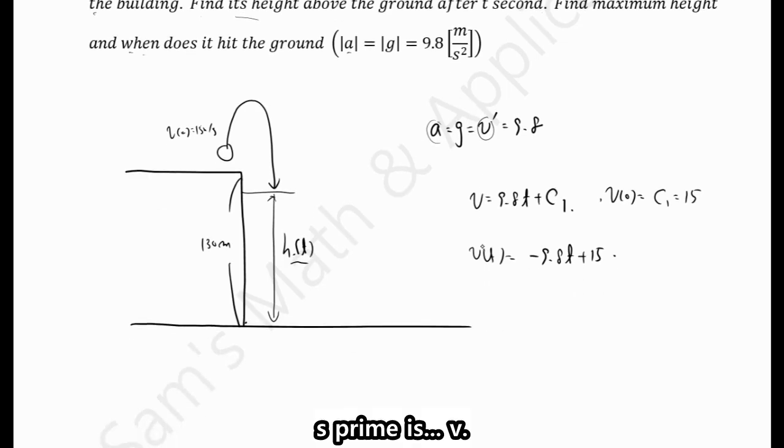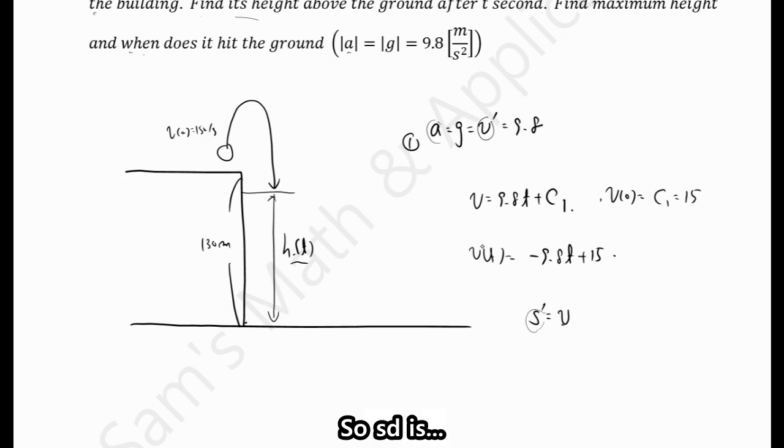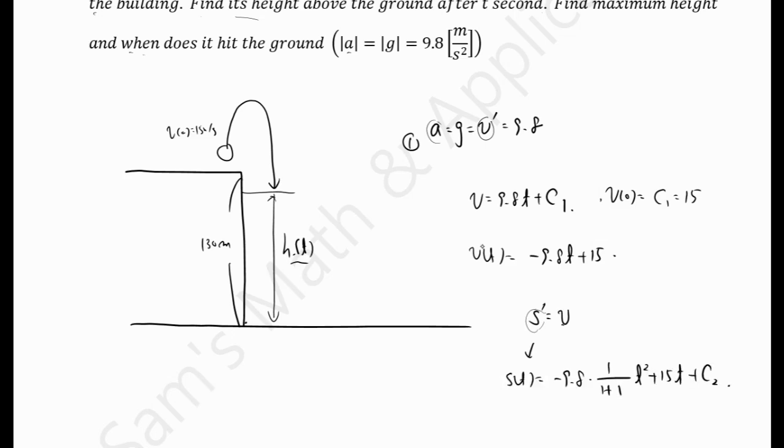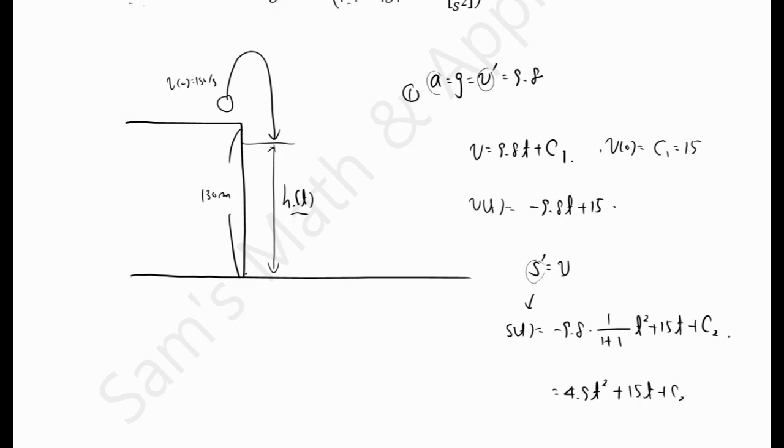The s prime is v. So s is the antiderivative of velocity. So s(t) is minus 9.8 multiplied by 1 over 2, t squared, plus 15t plus c2, and it can be written as minus 4.9t squared plus 15t plus c2.